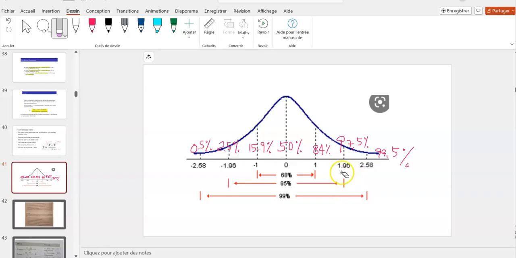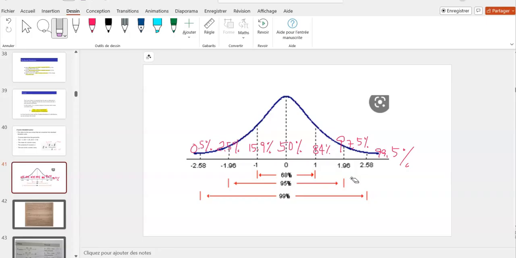So when the Z-score is 1.96, that means it's 97.5%. The location, the position of the score in your data is 97.5%. So three things are very important before starting the Z-scores.